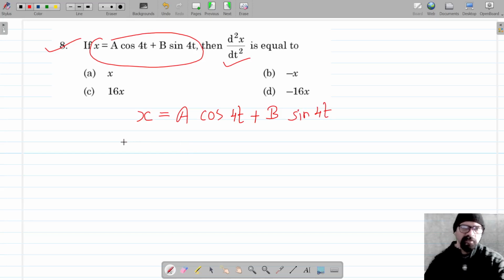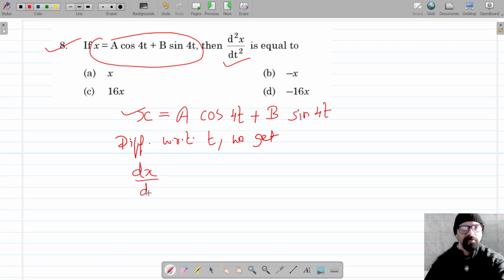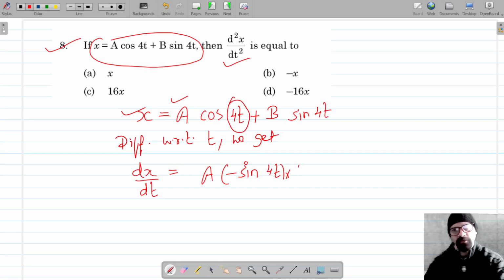Okay, now let's differentiate this with respect to t. Differentiation of x with respect to t will be dx by dt. A is constant, so it's out, and differentiation of cos, we know, is negative of sine 4t, multiplied by the differentiation of 4t with respect to t, which is 4.